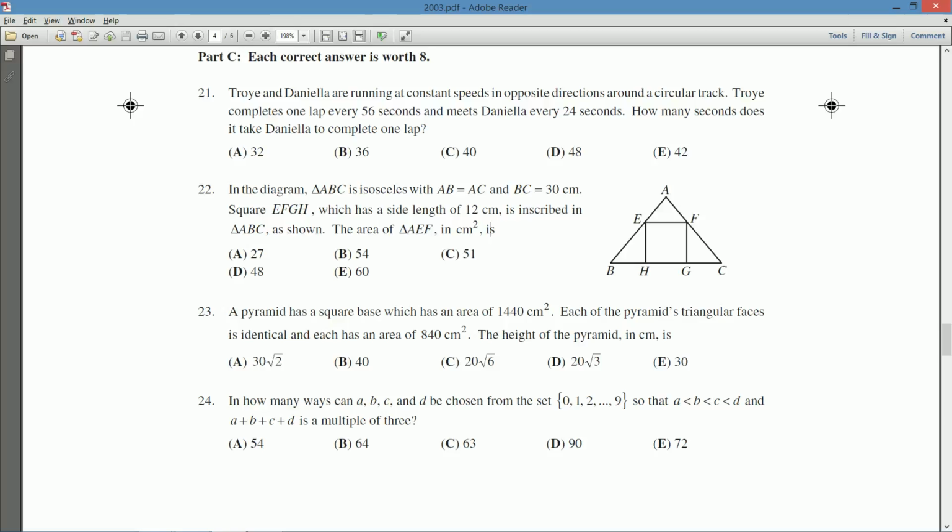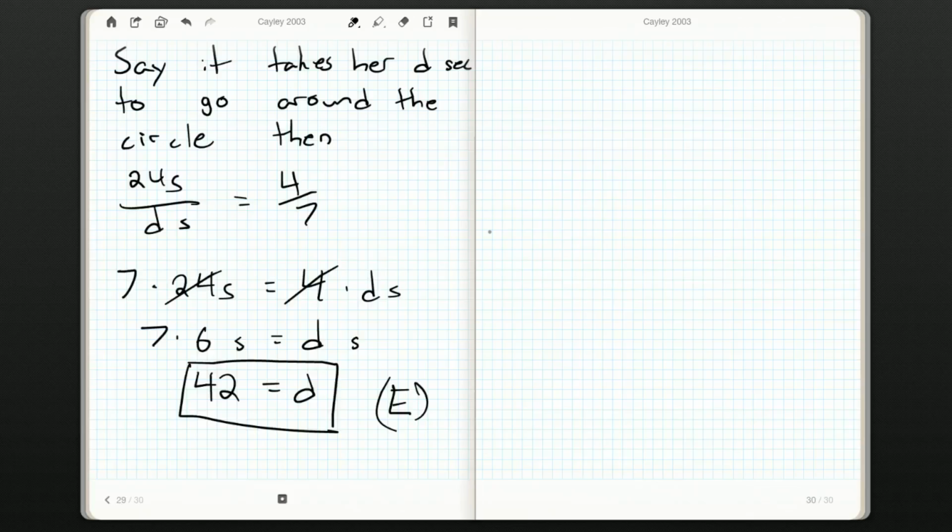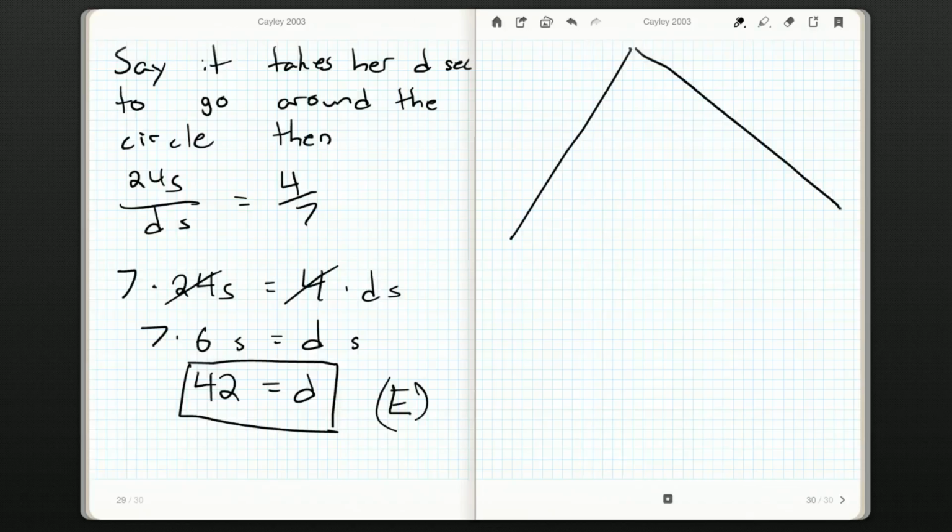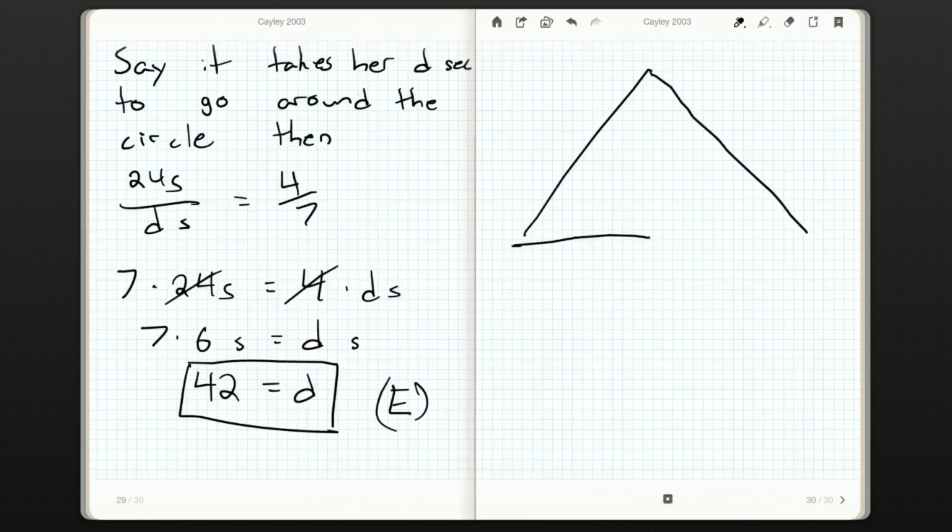Well, let's redraw our picture, so that way we have something to mark up, something to add notation to, or draw brand new lines, whatever we see fit. So we'll draw our picture, try and make this as isosceles as I can. That's a little better.